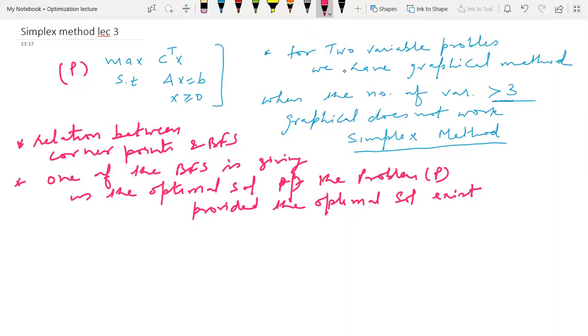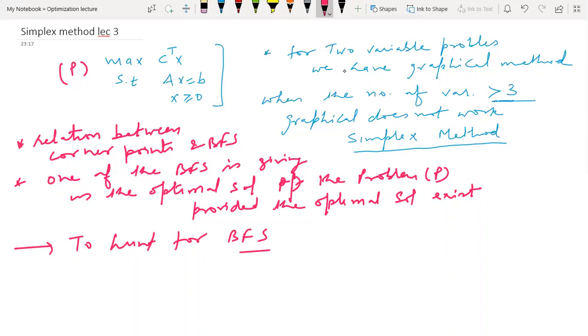Then our objective was to hunt for basic feasible solutions, right? And in our program, we calculated all the basic feasible solutions, and we figured out that the one which is giving the maximum value is optimal.